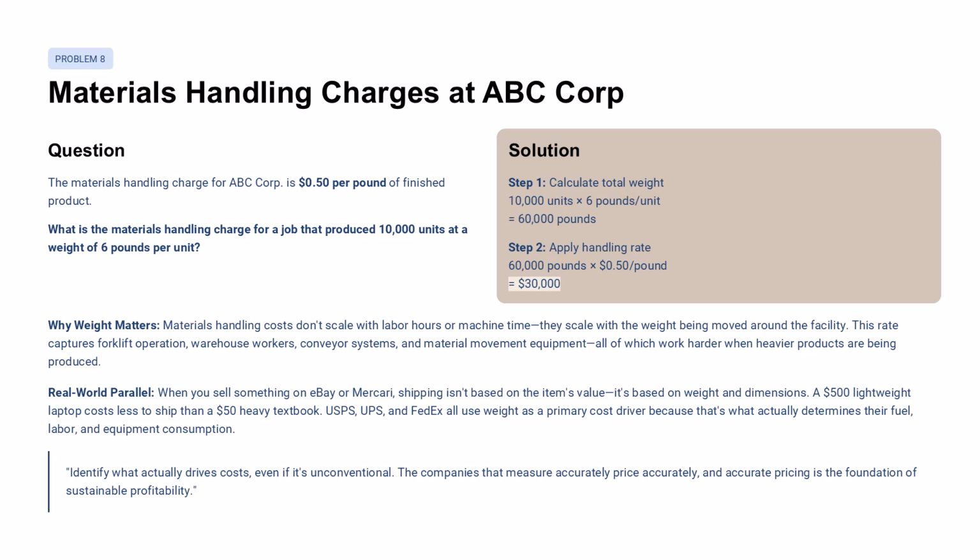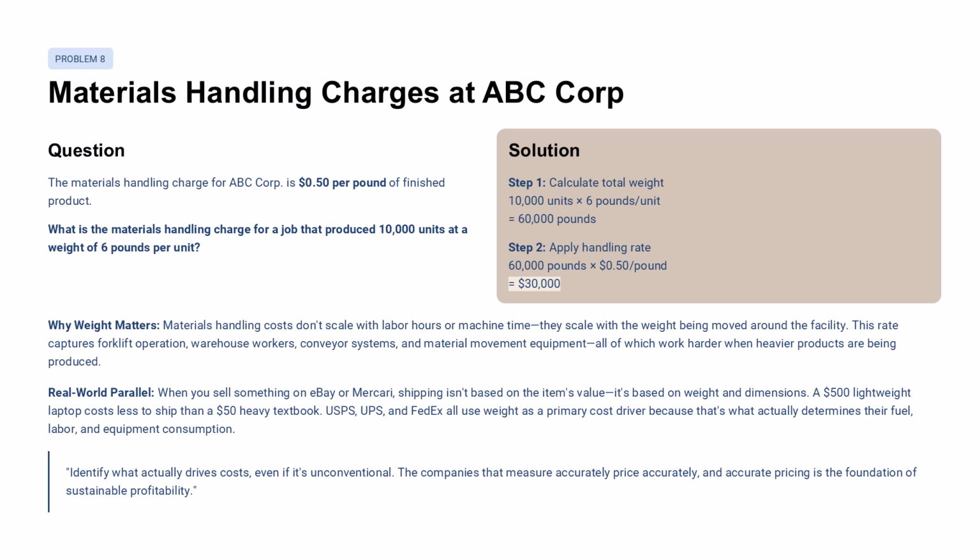When you sell something on eBay or Mercari, shipping isn't based on the item's value, it's based on weight and dimensions. A $500 lightweight laptop costs less to ship than a $50 heavy textbook. USPS, UPS, and FedEx all use weight as a primary cost driver, because that's what actually determines their fuel, labor, and equipment consumption. ABC Corp is applying the same logic internally.